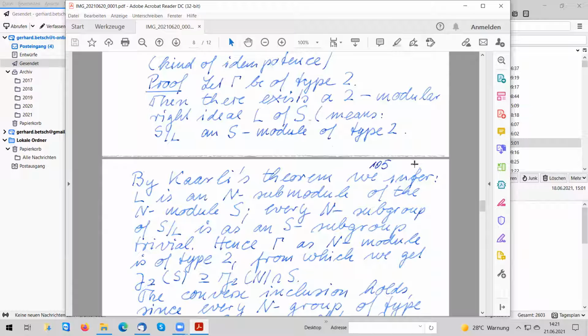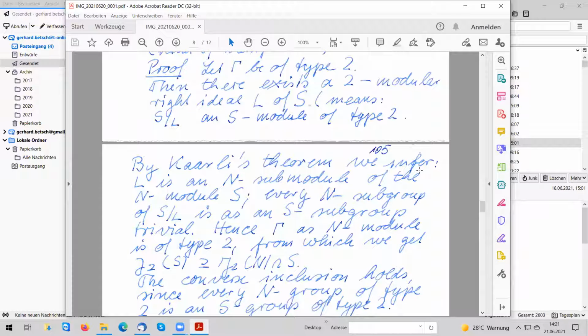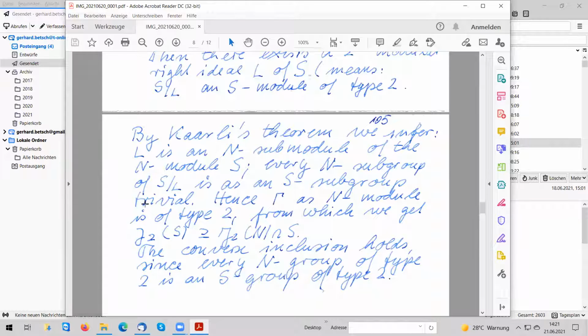No, every N-subgroup of S modulo L is, as an N-subgroup, a trivial subgroup. Hence, gamma as an N-module is of type 2, from which we get J2 of S is contained in J2 of N intersected with S, and the converse inclusion holds since every N-group of type 2 is an S-group of type 2.